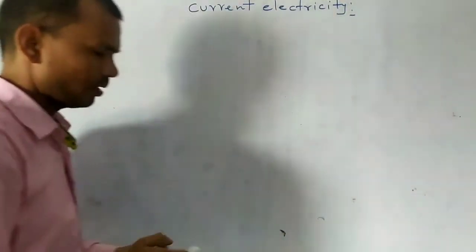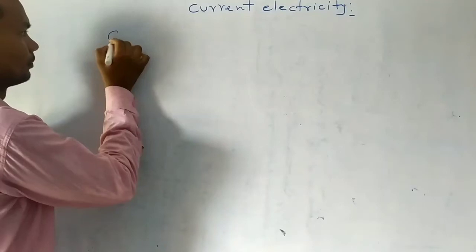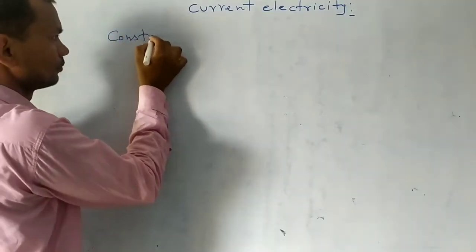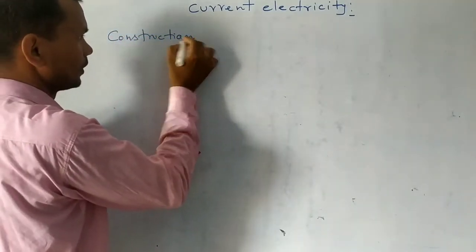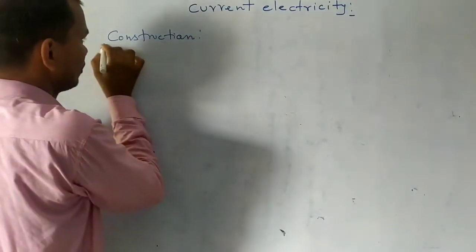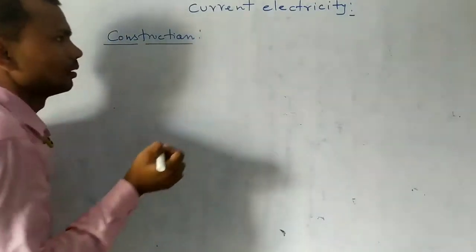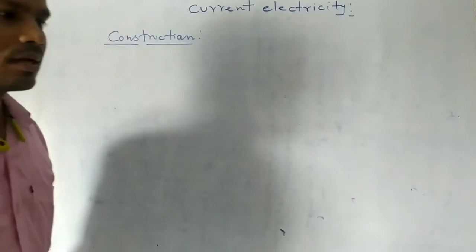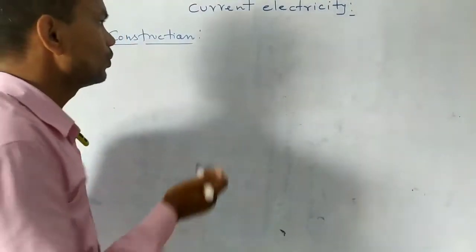So for the construction of potentiometer, one wooden board is required.